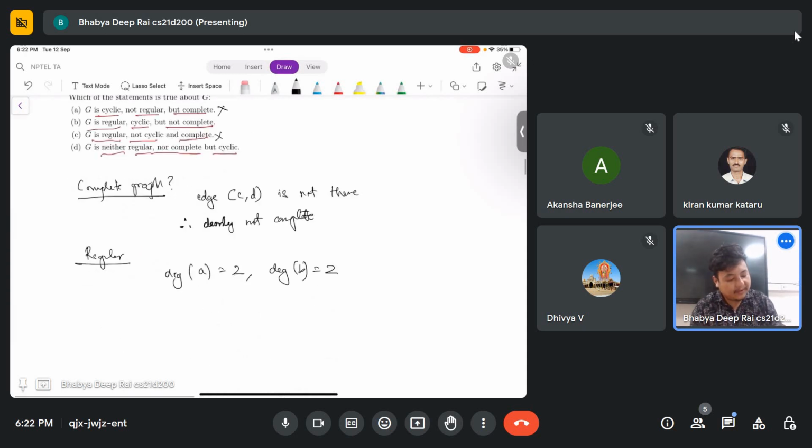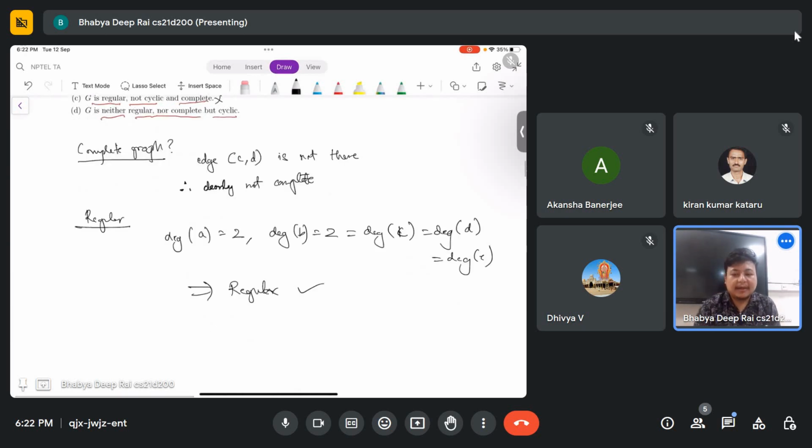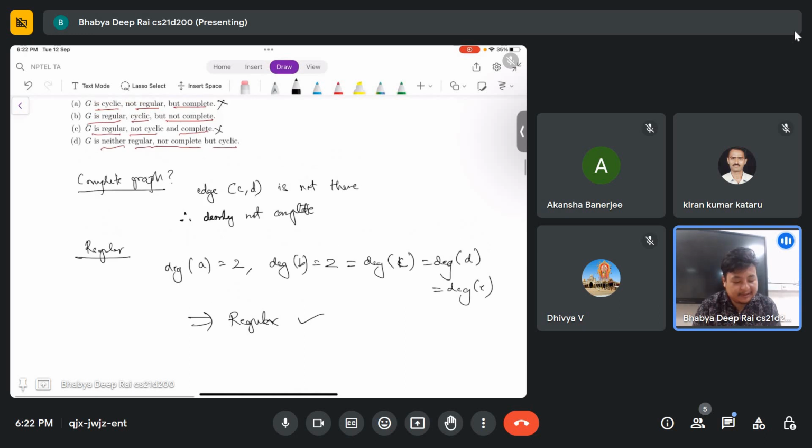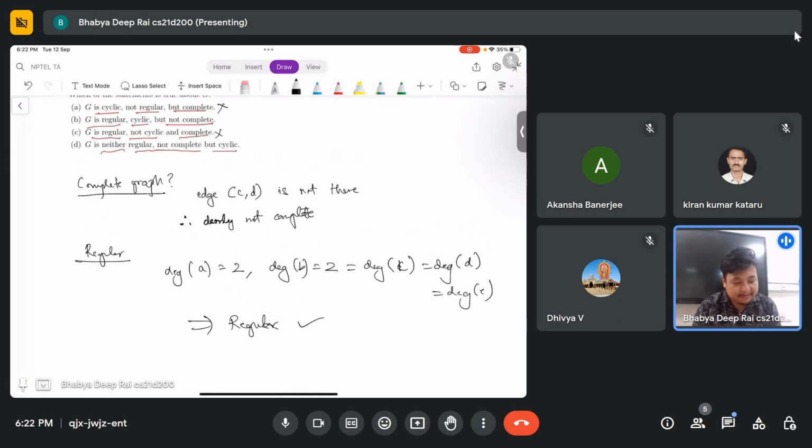So degree of A equals degree of B, C, D, E. Therefore it is regular, or 2 regular. So good, it is regular, and this option is also not correct.